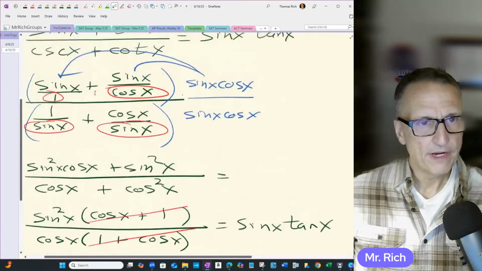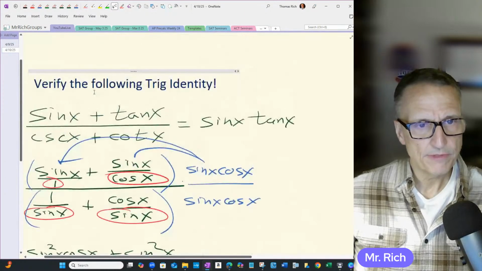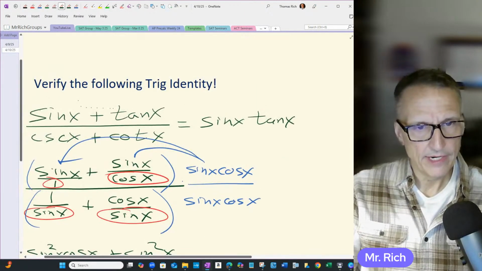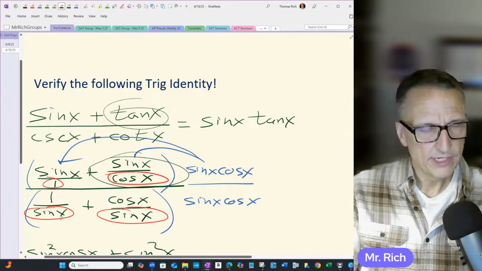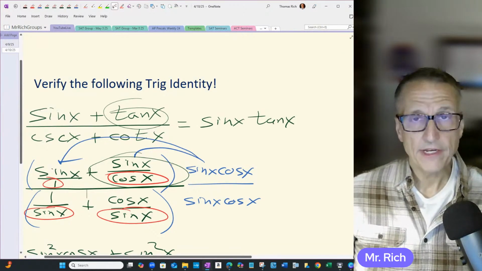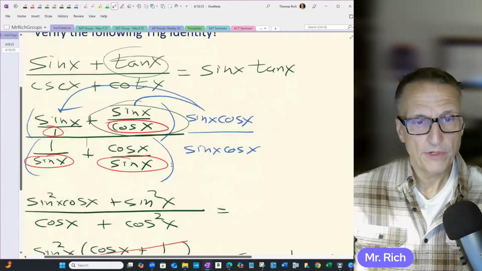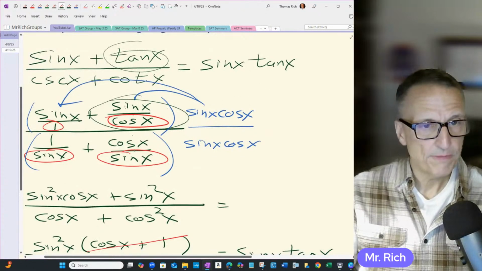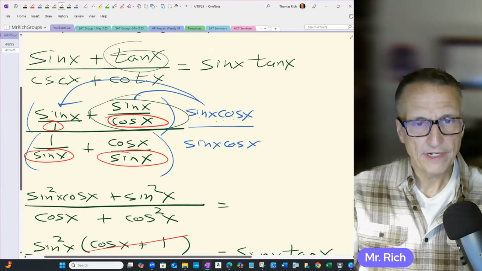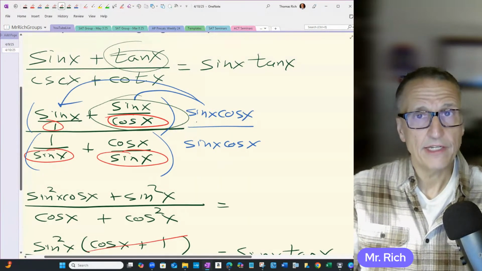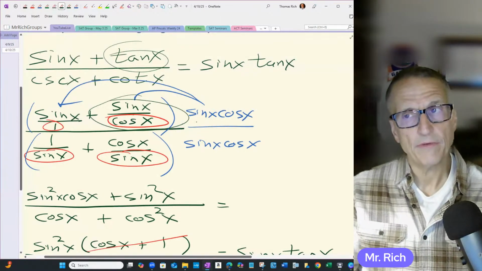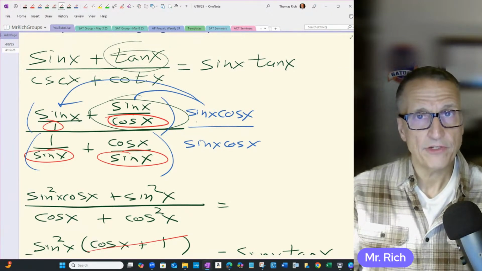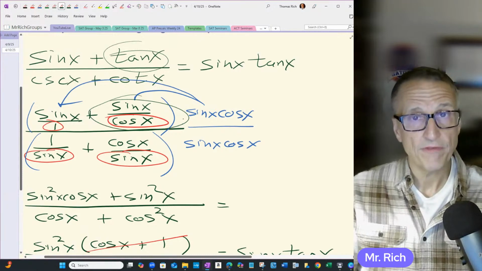Every step that I did was either substituting a trig identity, right? I did tangent for sine over cosine, cosecant for 1 over sine. Then I did some algebra, which was, let's multiply top and bottom by the least common denominator. That is a technique in algebra that we use when we have a complex fraction and we want to get rid of the complexity and have no fractions within the fraction.